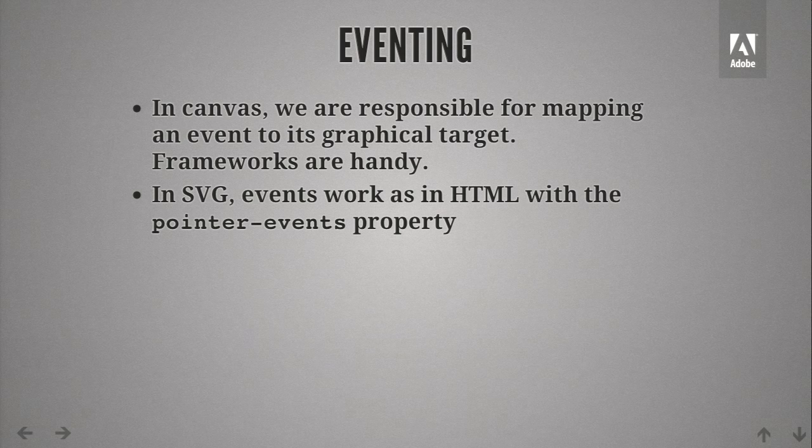Of course, there are frameworks and a lot of things you can do to make it easier. But at the end of the day, you need to understand what a click at a given position in your canvas means, and it is you, as the canvas owner, who is responsible for figuring out what that event means.